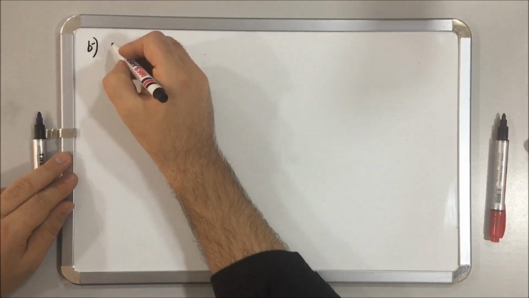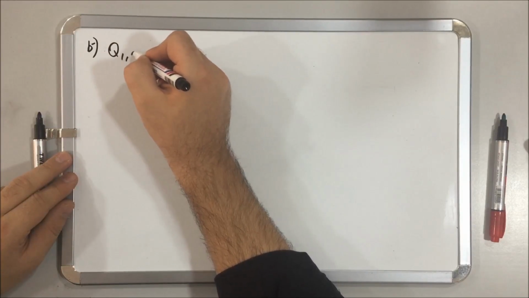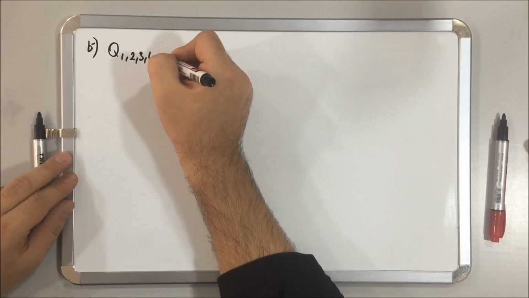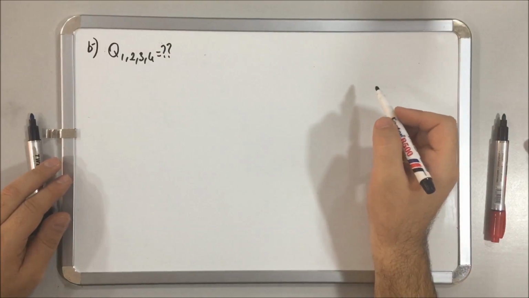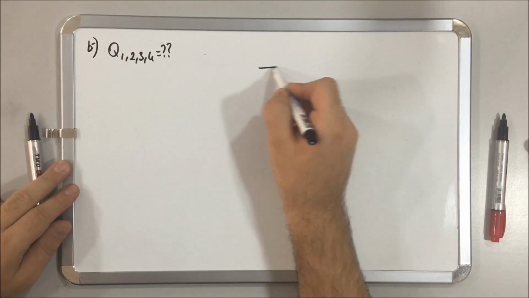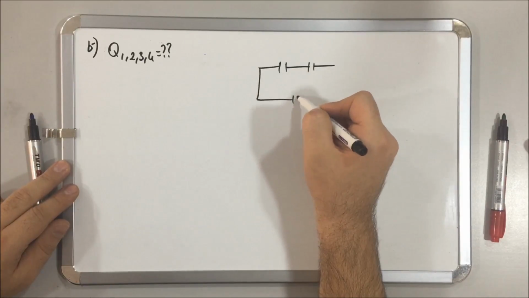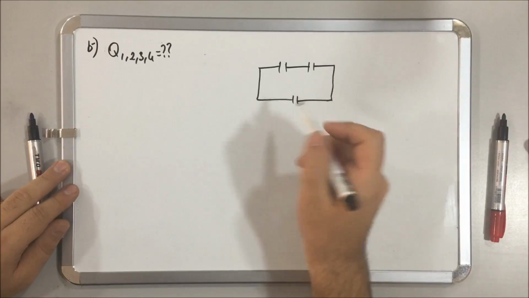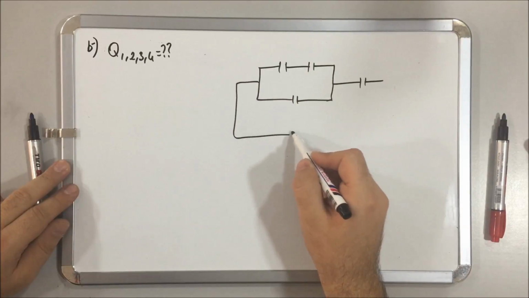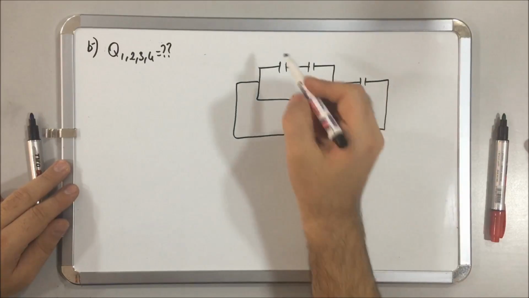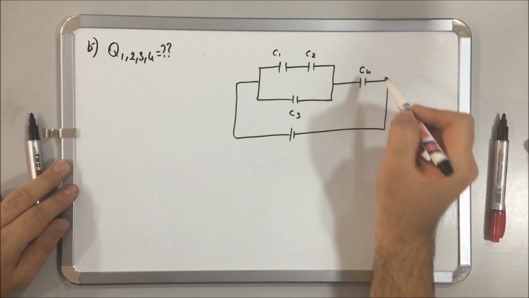B says calculate the storage charge in each capacitor. It means Q1, Q2, Q3 and Q4. Calculate them, it says. And from the figure, if we redraw it again simply, that is C1, C2, C3 and C4.